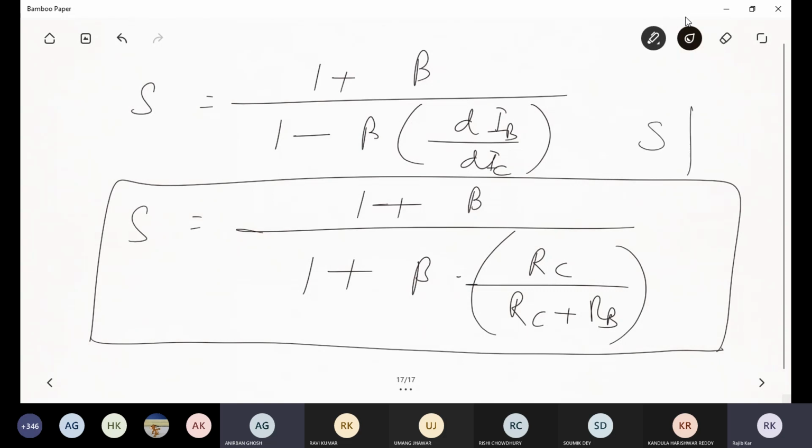The lowest value of the stability factor should be equal to 1, or else approaching 1. The stable circuit indicates that the stability factor S will be equal to 1 or nearly equal to 1.